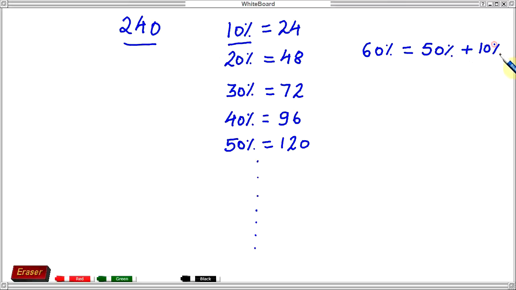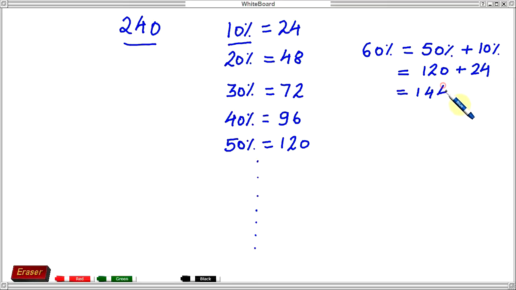That is, in my mind, I'll quickly break 60% into 50% and 10%. Now 50% is very easy. Half of the number, that is 120. 10% is even easier. I can just add 10% to it to get to the answer as 144.